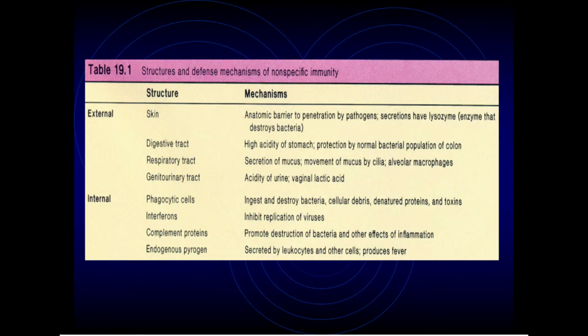Inflammation, a response to damaged tissue characterized by pain, by heat and swelling, and they will be destroyed and tissue repaired.